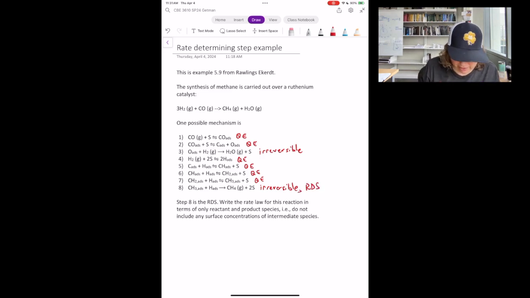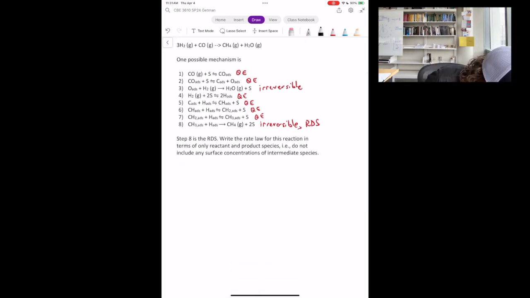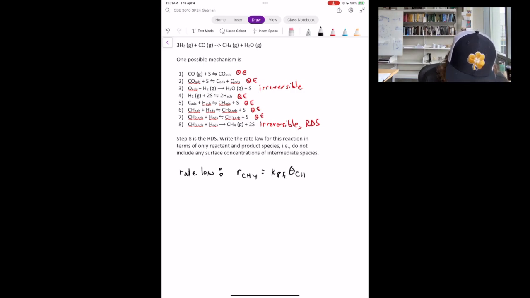If step 8 is the rate determining step, that means that the rate law for this reaction, let's say R_CH4, the rate of formation of methane gas, is going to be equal to the forward rate of step 8. That's going to be k8F theta_CH3 theta_H. Recall that the thetas indicate surface concentrations.